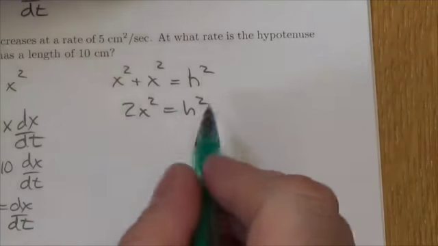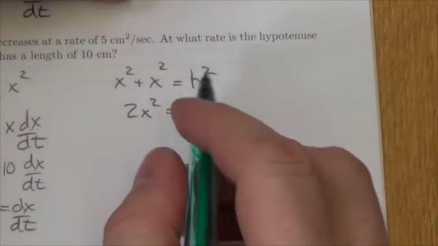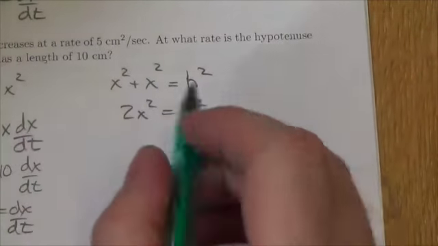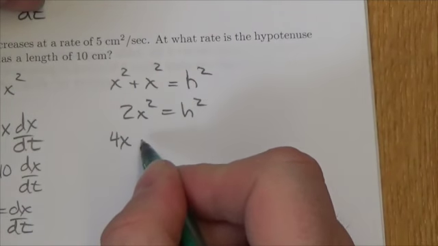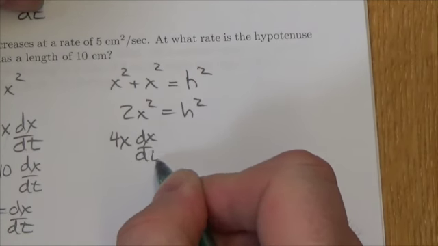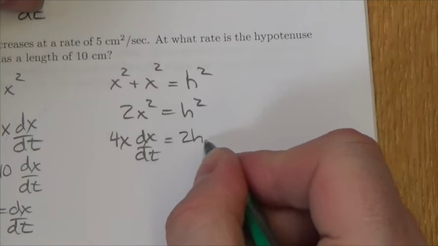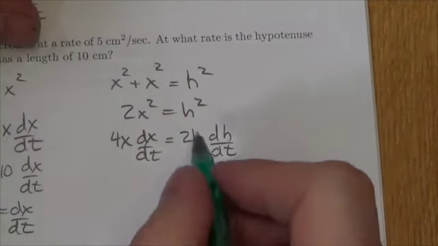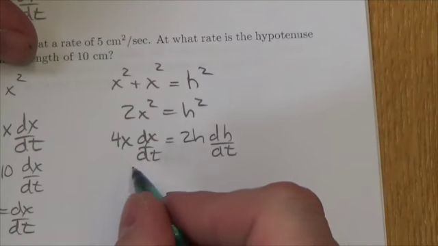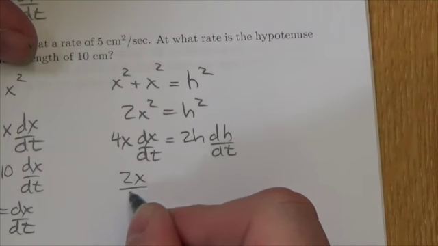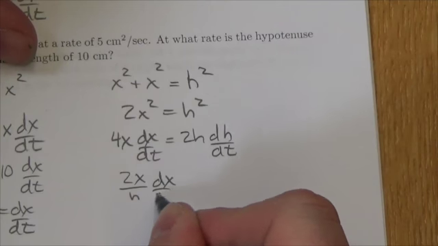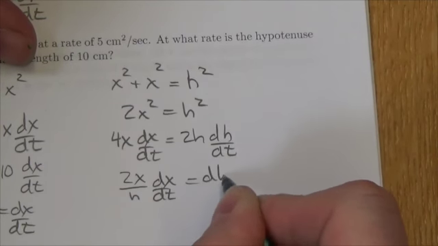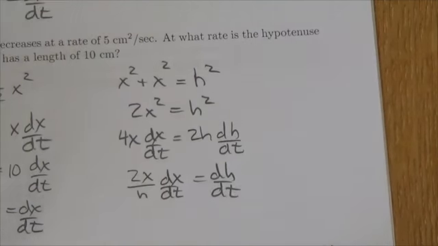But now I can take the derivative of this expression implicitly again, because there's no time mentioned. This will become 4x dx by dt, which will equal 2h dH by dt. Now I'm looking for dH by dt, so I'm going to divide this over, so I'm going to get 2x over h dx by dt equals dH by dt. I'm so close.